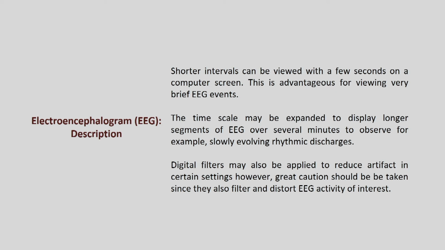The time scale may be expanded to display the longest segment of EEG over several minutes to observe slower phenomena. Digital filters can also be used to reduce artifact for certain settings, and whenever you record EEG, you will understand how to make these small adjustments.